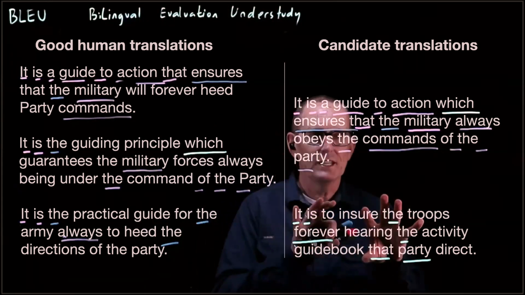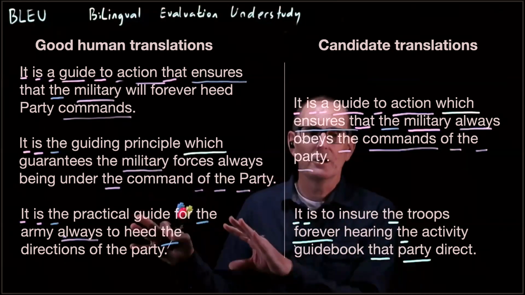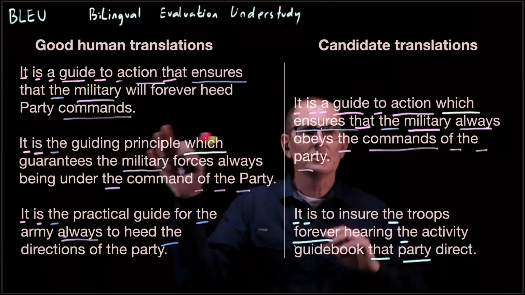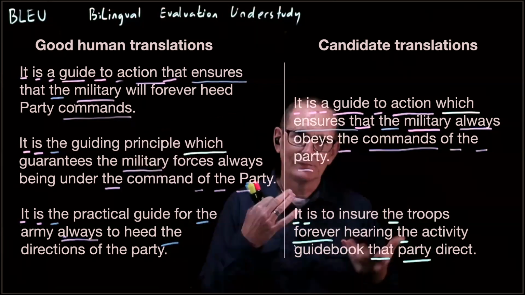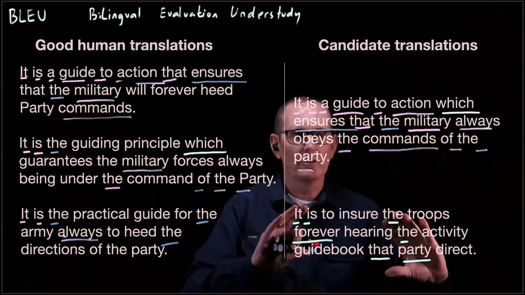More words in here that don't appear anywhere in our human translations, fewer words that appear there. Or the converse, more of the words here appear here, and fewer of the words here appear here.